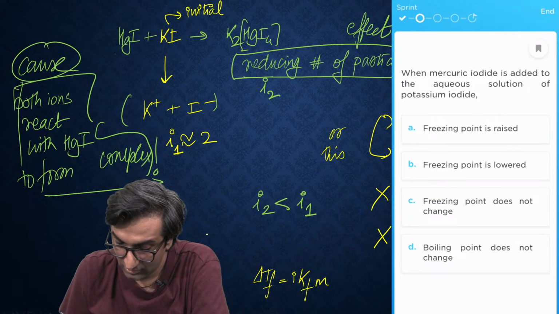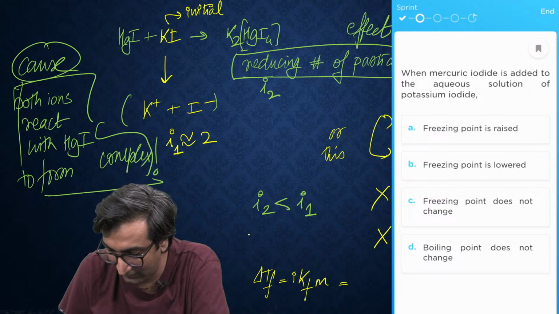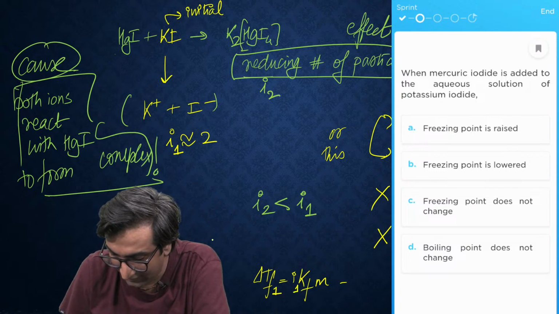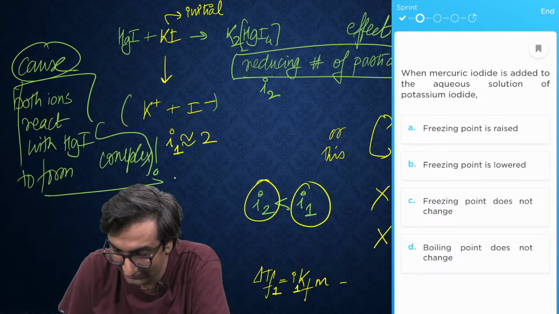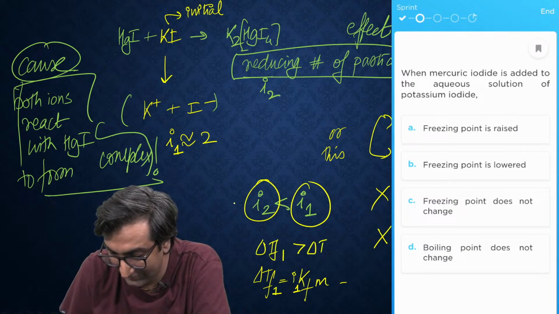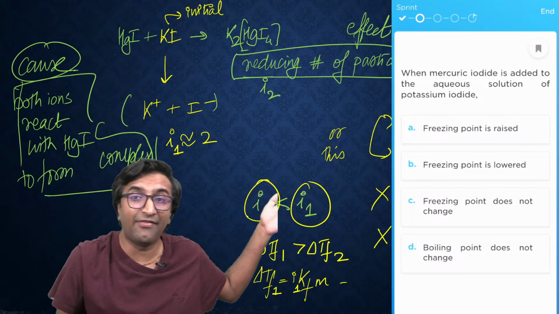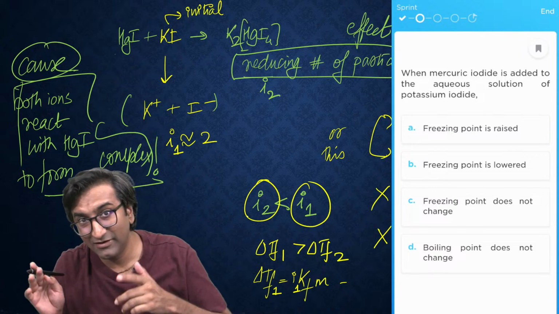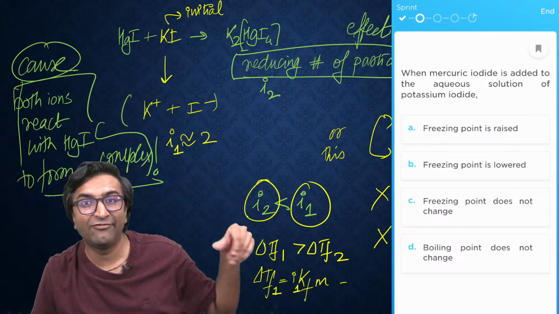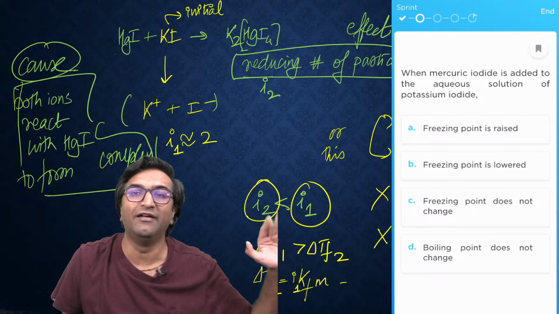Okay, so delta Tf initially is going to be some value, say 1. And here I have now put 1. Since i1 is greater than i2, delta Tf1 is greater than delta Tf2. That means in the first case the freezing point was lowered more. Delta Tf is depression in freezing point. So in the first case delta Tf was more, so the freezing point was lower.